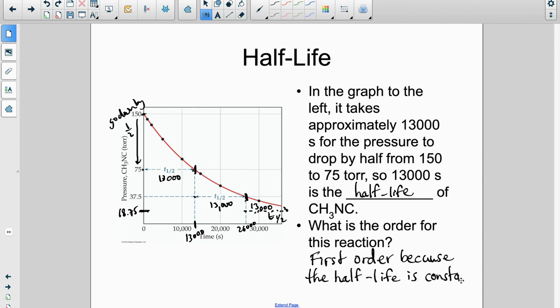The zero order and second order depend on the initial concentrations. Okay, so those half-lives will vary. Only first order reactions have a constant half-life. And so when you see this constant half-life appearing on a concentration or pressure or whatever, concentration versus time graph, then you know that the process has to be a first order reaction.